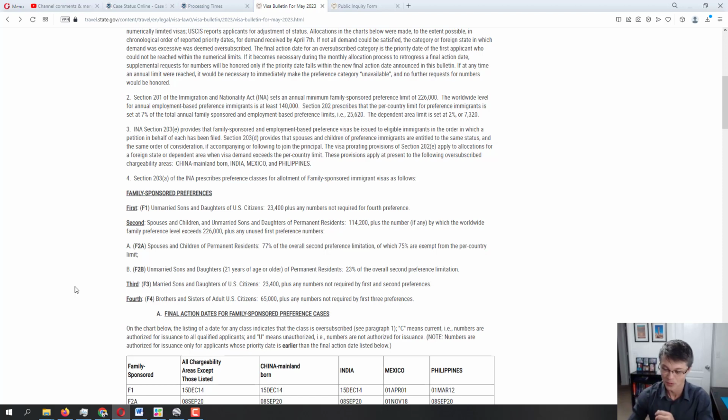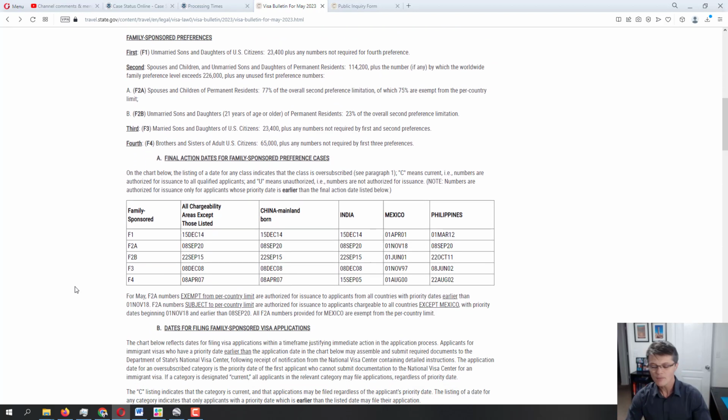For example, a US citizen petitioning for their spouse, or a US citizen petitioning for their child that is unmarried under 21. That's considered immediate relatives. Or for example, a US citizen petitioning for parents. Again, immediate relatives. The whole visa bulletin is not applicable. We don't even need to look at that.